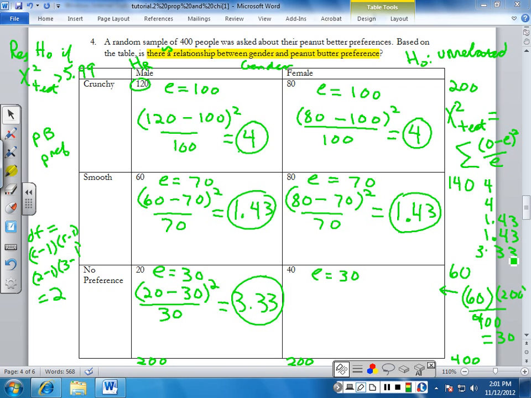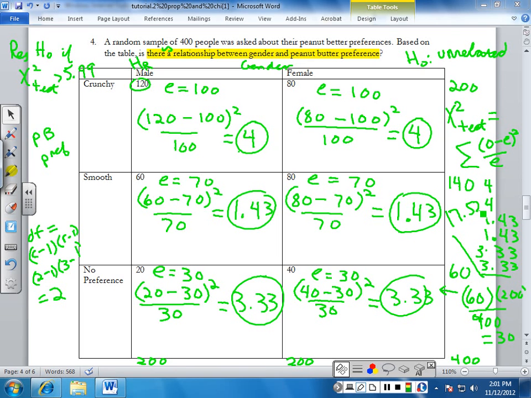And then 40 minus 30 squared over 30. That's equal to 3.33. So another 3.33. And all of that added together is 17.52.